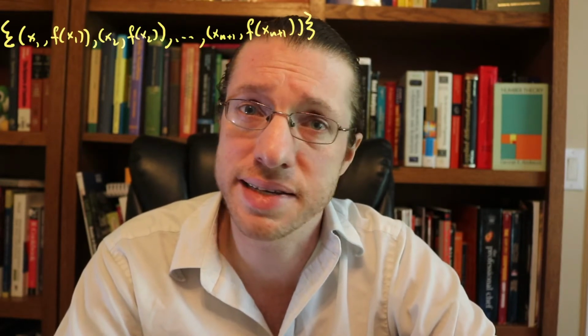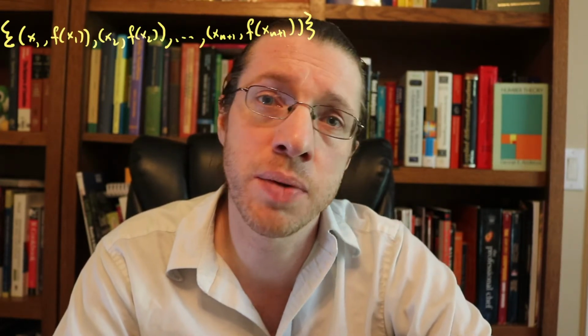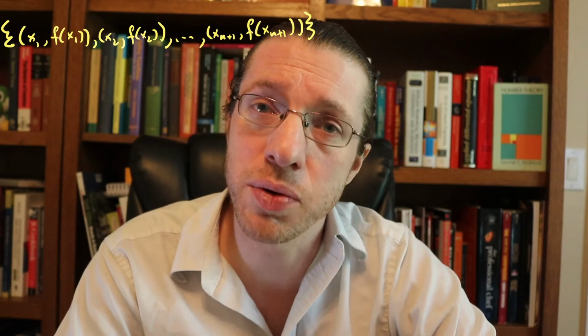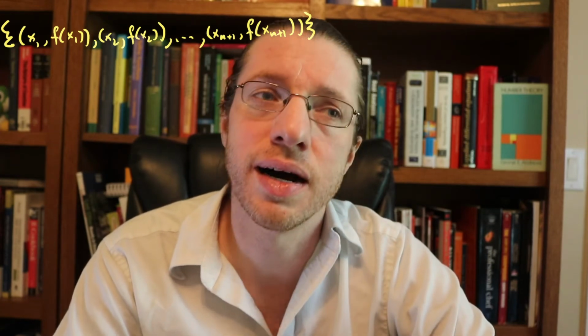Polynomial interpolation: the idea of this approximation problem is that you have a collection of points, say xi, yi, and you want to come up with a polynomial that will interpolate those points.